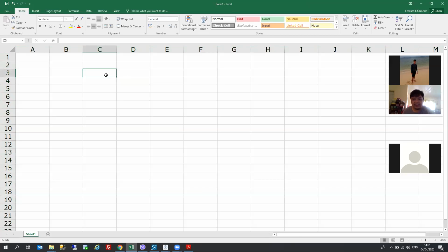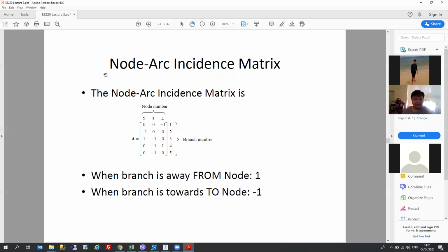Now, sabi ko kanina, ilan yung buses? 1, 2, 3, 4. And then ilan yung branches? 1, 2, 3, 4, and 5. Ang sabi sa node arc incident matrix, pag the branch is away from a certain node or bus, use +1. Pero pag going towards a certain bus or node, use -1.